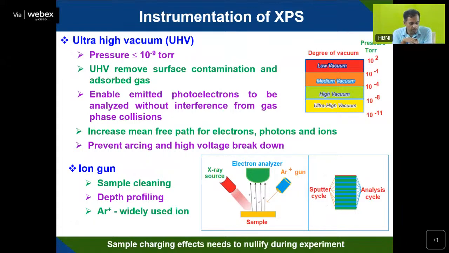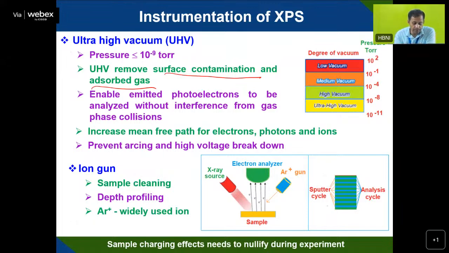It enables emitted photoelectrons to be analyzed without interference from gas phase collision. Being a vacuum, there will be no collision between the photoelectrons and gas present there.